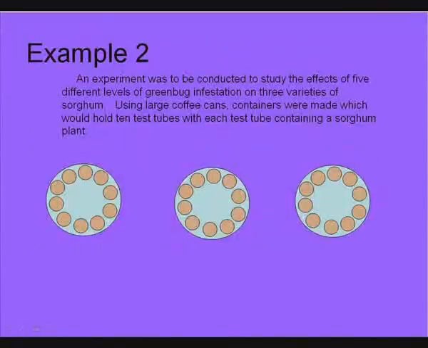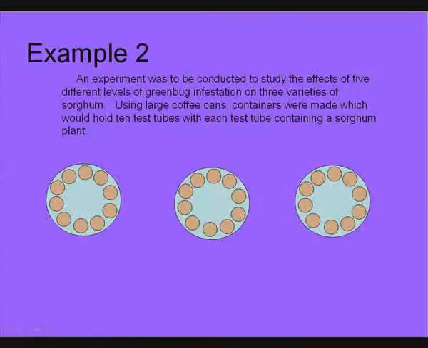One of the first experiments that I saw when I came to K-State 30-some years ago was a researcher over in entomology who wanted to study the effects of different levels of greenbug infestation on 3 varieties of sorghum. What he had done is he created something using large 3-pound coffee cans, and you can think of these as being the lids as you look down on top of the coffee can.